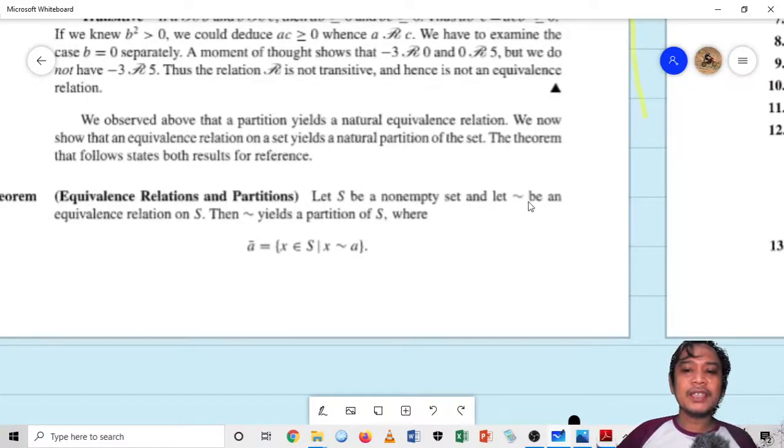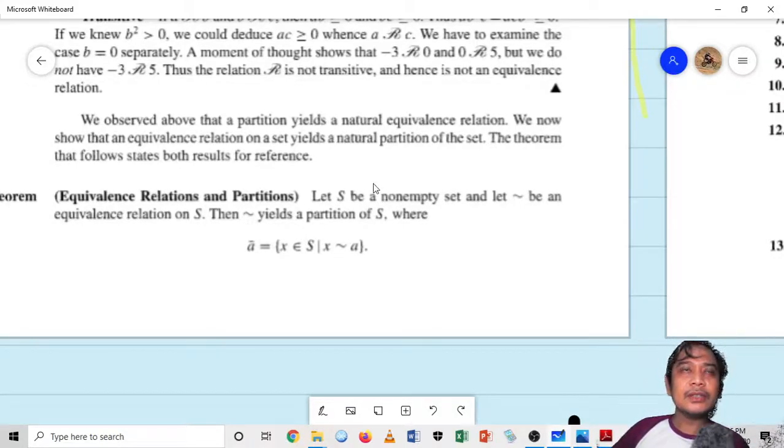And assume that it is an equivalence relation on the set S. Then, as asserted, the relation would yield a partition of S, wherein the cell containing A would consist of all those elements in S which are related to A. So, the cell containing A is the set of all elements X in S such that X is related to A.